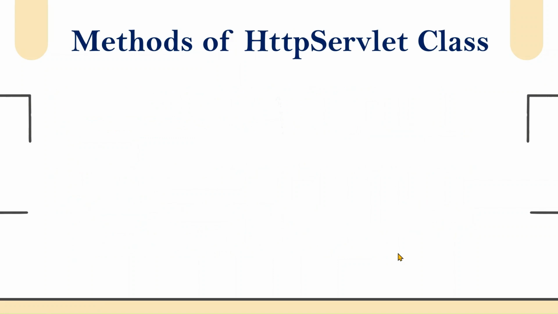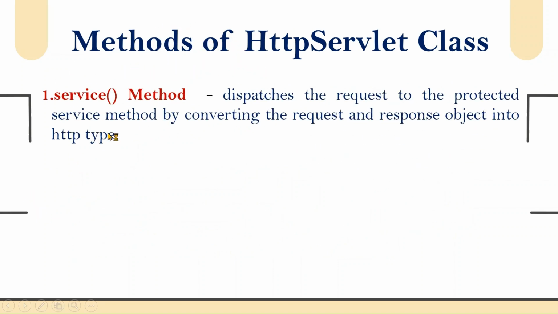Now coming to the methods of the HTTP Servlet class, we have a service method. This method is also available in the generic Servlet class. This particular service method dispatches the request to the protected service method by converting the request and response objects into HTTP type. So here we have a public service method and a protected service method.